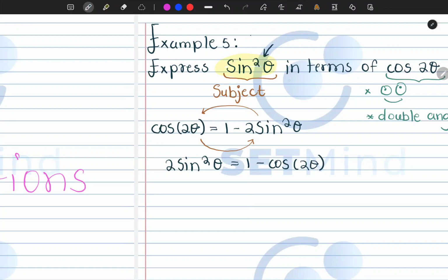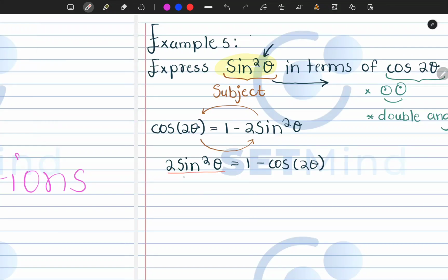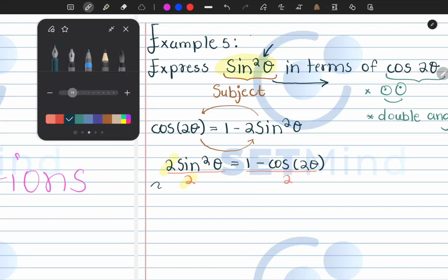So we can see that we headed in the right direction, because we are now writing sine squared theta in terms of cos 2 theta. Because we are trying to make sine squared theta the subject, we need to remove that 2 by dividing by 2 both sides, and there's nice cancellation of terms. So what does this mean?